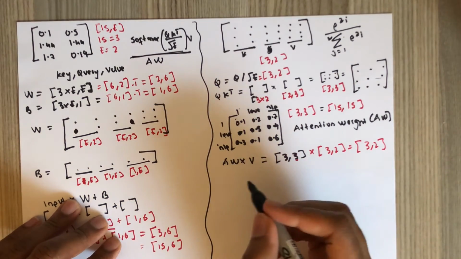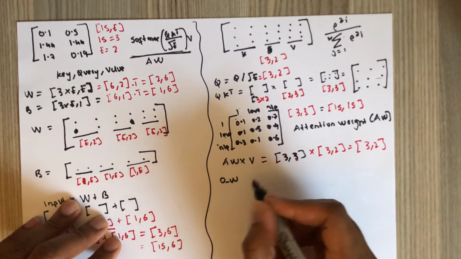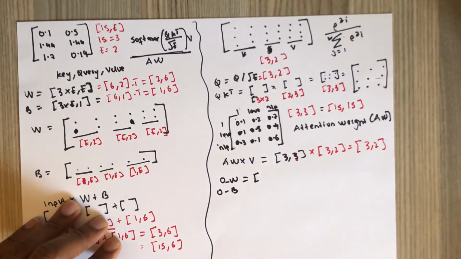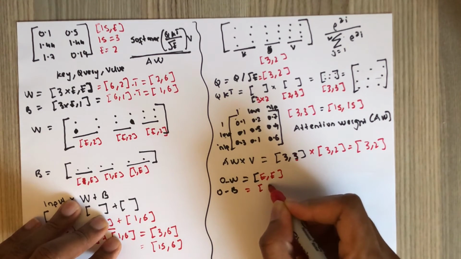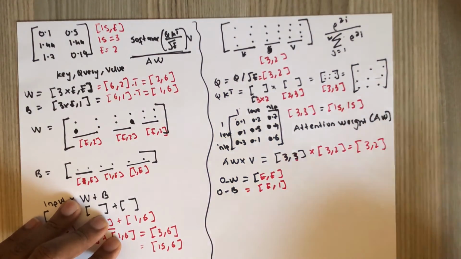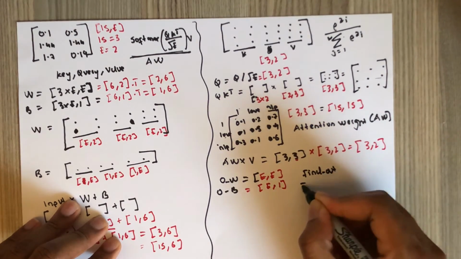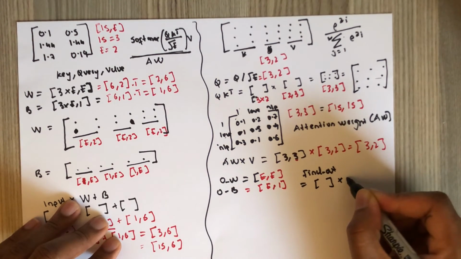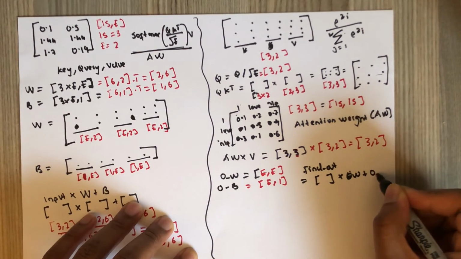PyTorch also creates output weights and output bias. The output weight has a dimension of E by E, and the bias has a dimension of E by 1. So the final output is going to be this attention output multiplied by OW, then added to OB.